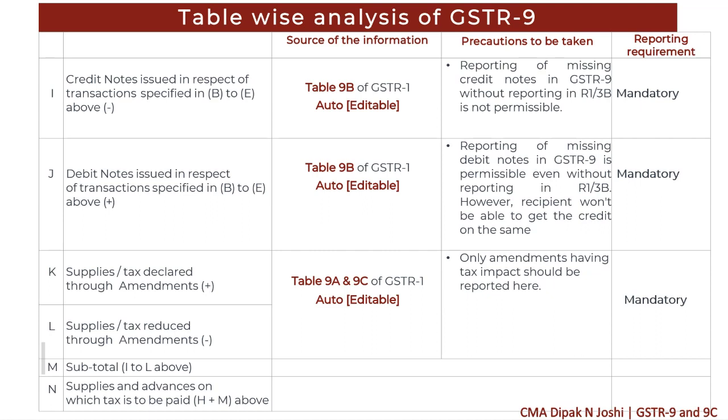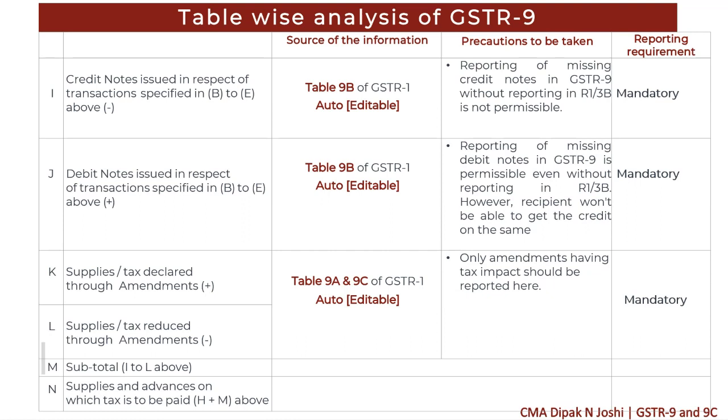As far as GST law is concerned, under section 39, GSTR 3B is defined as the return. So whenever you consider that credit note in GSTR 1 and GSTR 3B, only then are you permitted to reduce your liability, right?